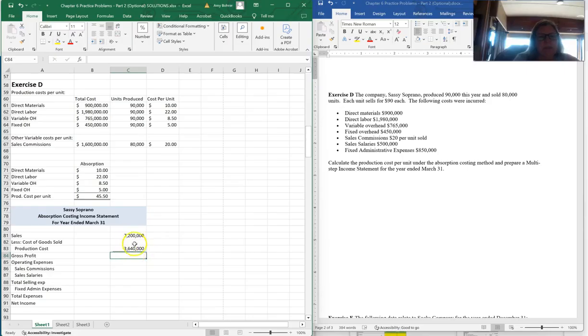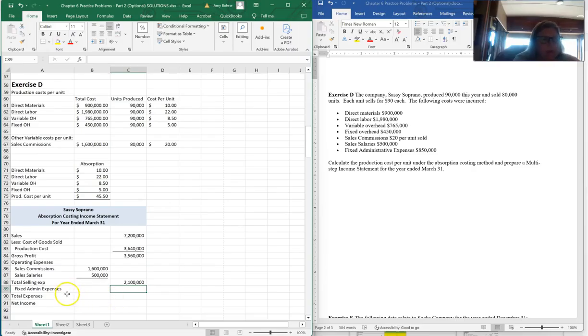Gross profit is always sales minus cost of goods sold. So we're going to take the sales and subtract the production cost, or cost of goods sold, and we get gross profit of $3,560,000. We already figured out what our sales commissions were up here. They're $1,600,000. Our sales salaries are given to us in the problem. They're $500,000. So our total selling expenses would just be these two added together, $2,100,000.